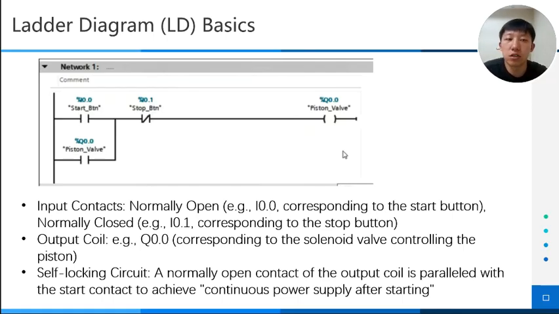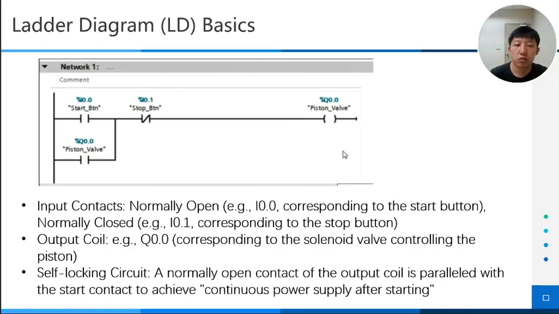First, let's talk about the basics of ladder diagrams. First, basic parts. They include normally open contacts, like I0.0 for the start button, normally closed contacts, like I0.1 for the stop button, and output coils like Q0.0 for the piston's solenoid lever.